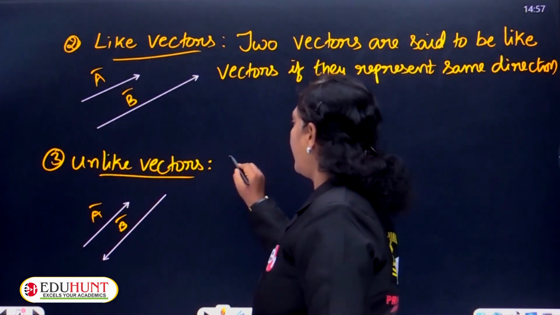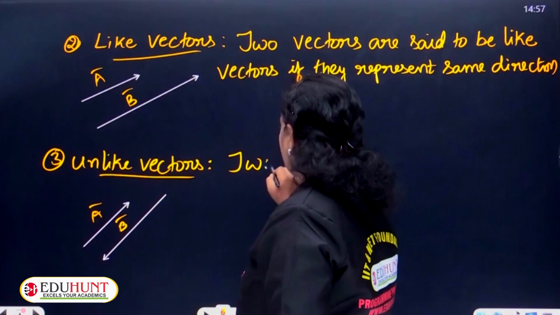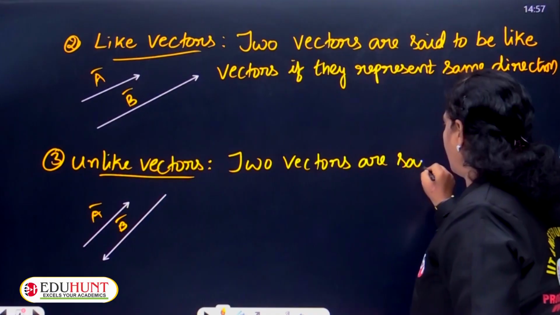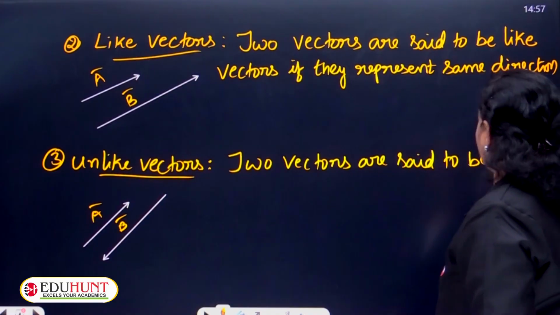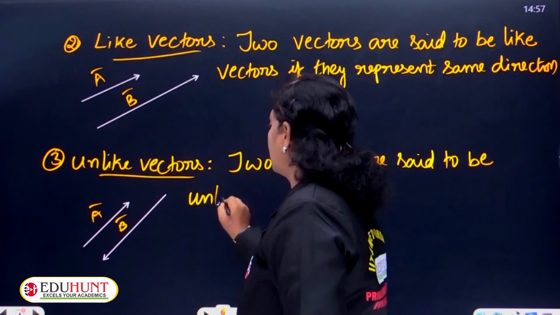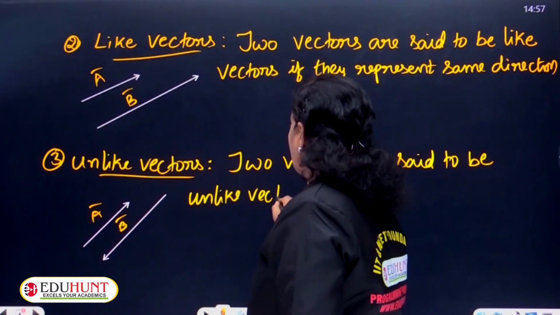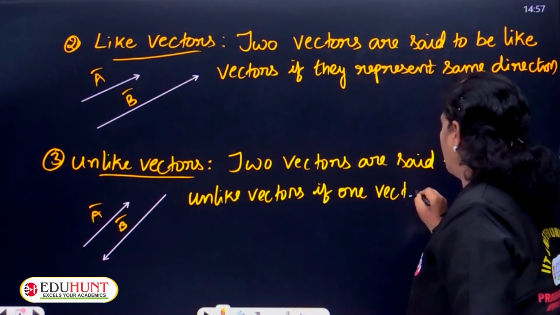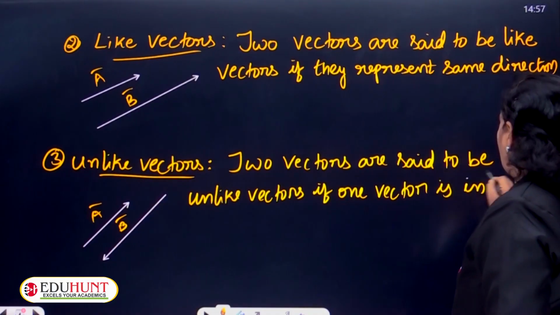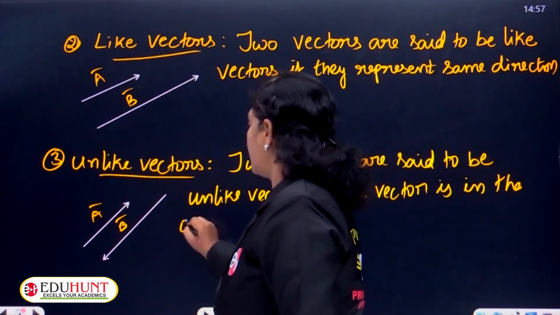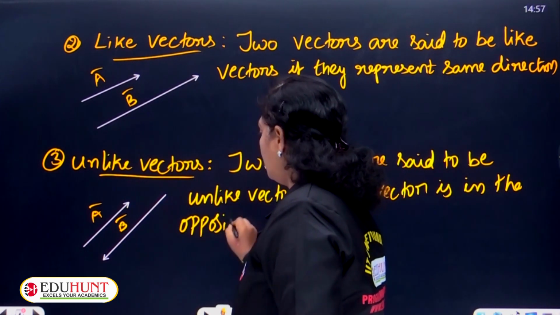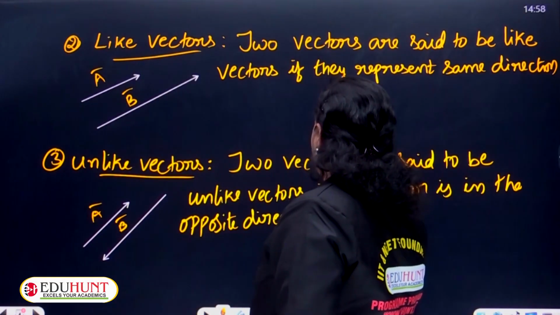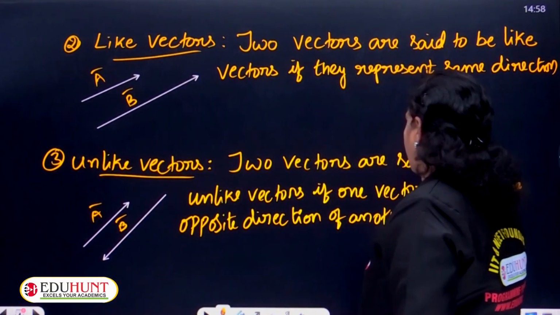So, two vectors are said to be unlike vectors if one vector is in the opposite direction of the other vector, whatever be the magnitude.